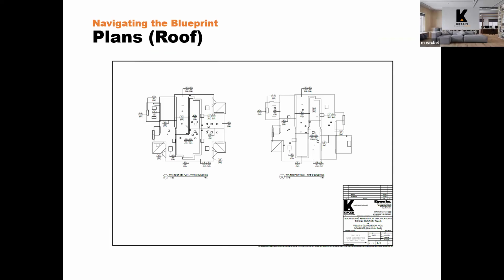You could see all the different angles and ridges on the roof. This particular plan has where the different types of vents are located on the roof, where the overhangs are. And it's two different types of buildings. You'll see there's a type A and a type B. They've got different types of roofs. So this is the plan view of each.